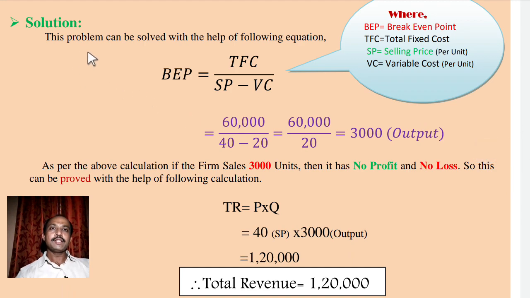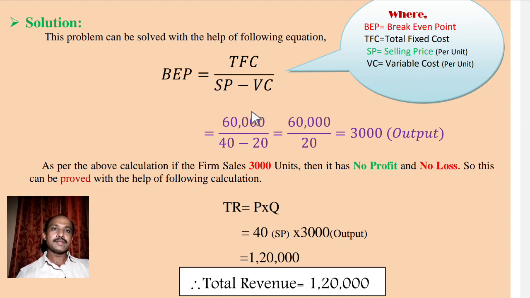Solution. This problem can be solved with the help of the following equation: BEP is equal to TFC divided by SP minus VC. Here BEP means break-even point, TFC means total fixed cost, SP means selling price per unit, and VC means variable cost per unit.